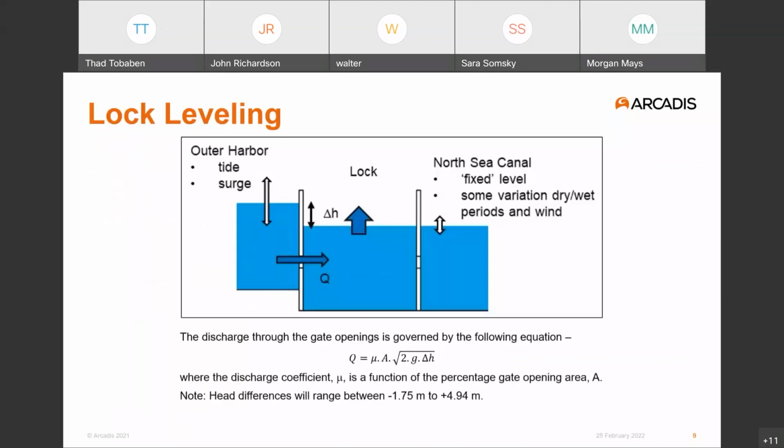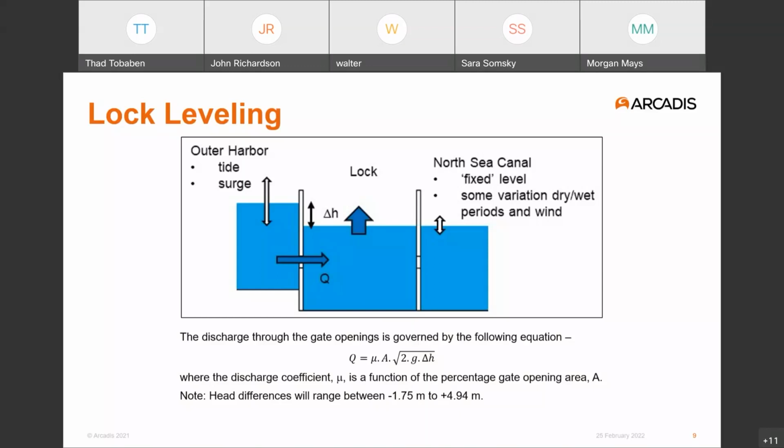The lock leveling system for this project is contained within the sliding doorways that are located at either end of the lock. In designing a leveling system of this type, there are a few considerations that need to be made.